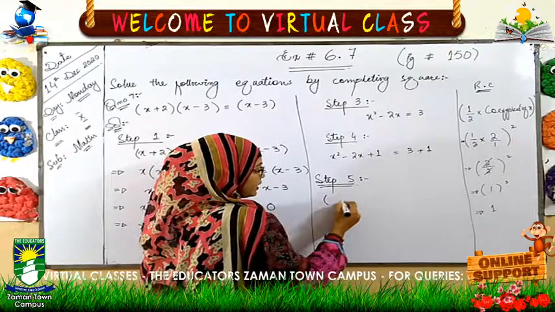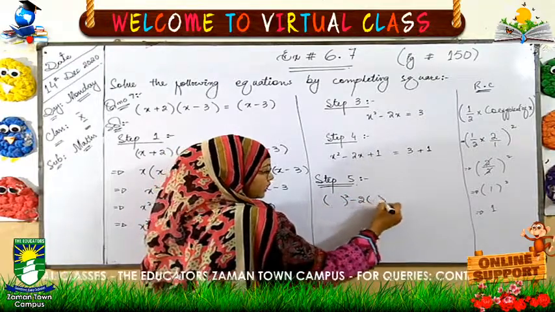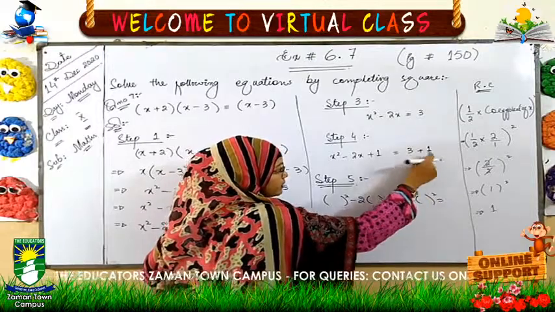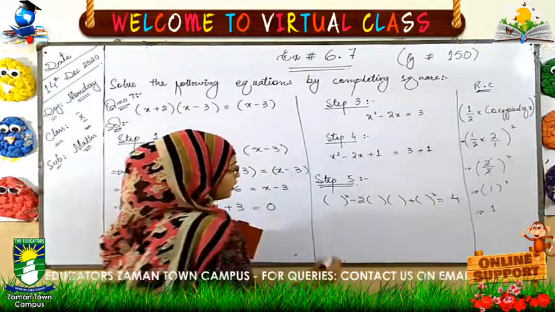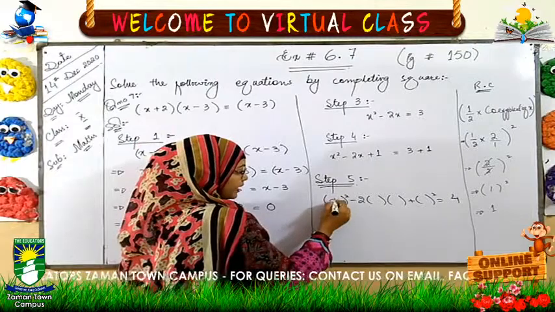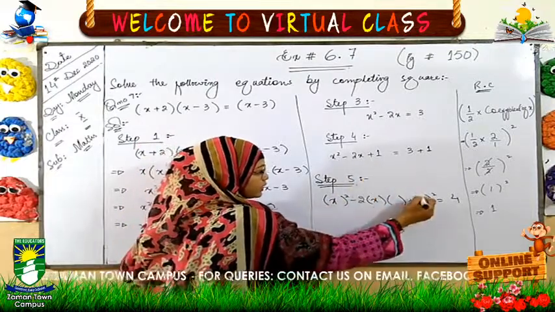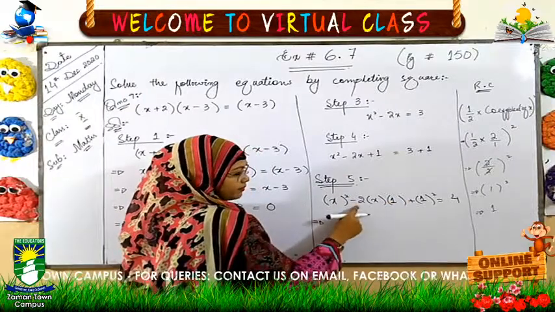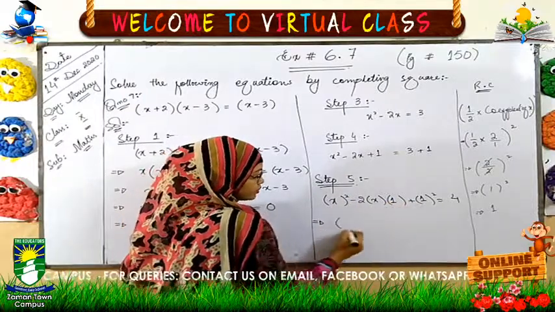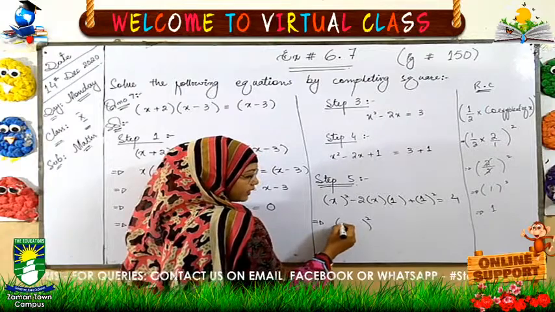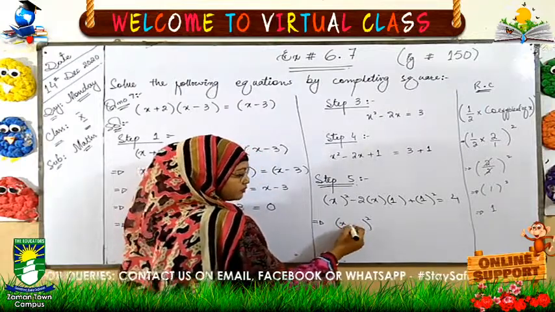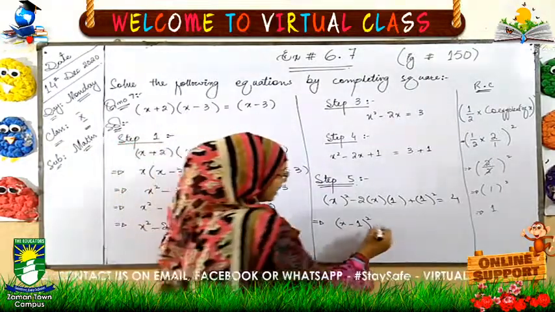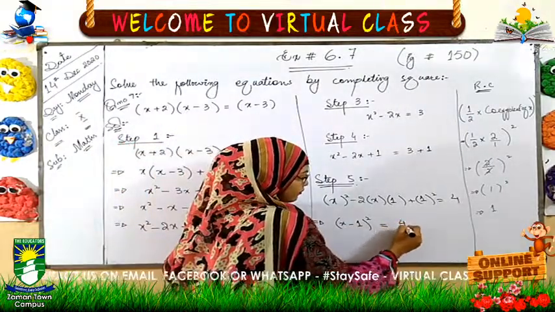Means a square minus 2ab plus b square, and here we are getting 3 plus 1 is equals to 4. x square will become x, 1 ones are 1, here we will write 1. So a square minus 2ab plus b square is equals to a minus b whole square, and what is a? We are having a as x, and b is 1. We will write down b as 1 and take 4.